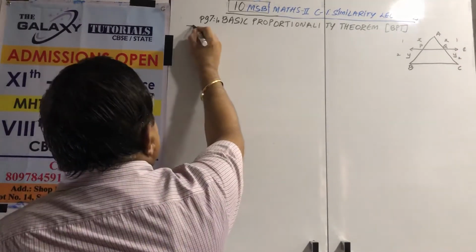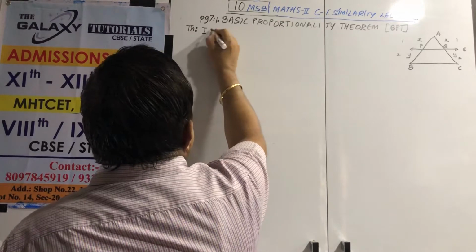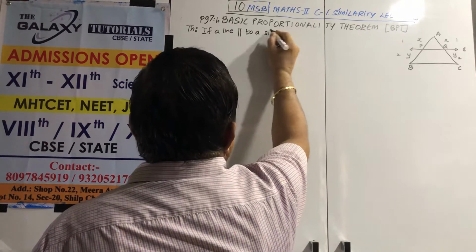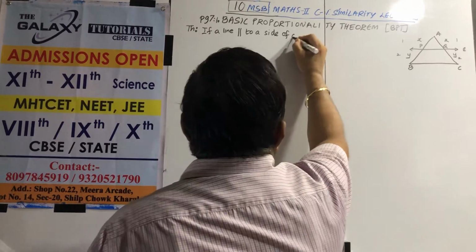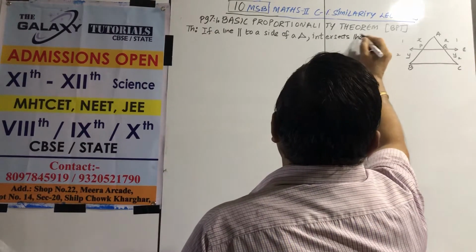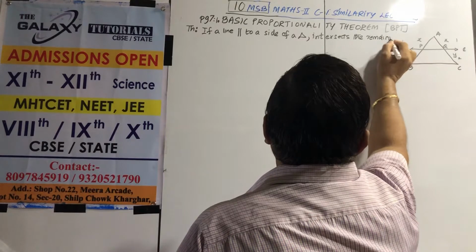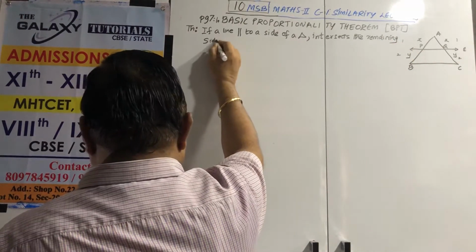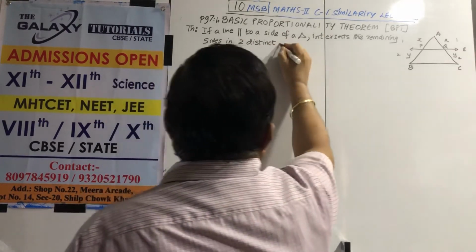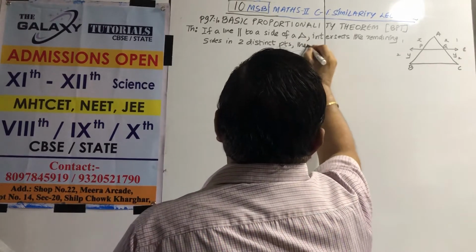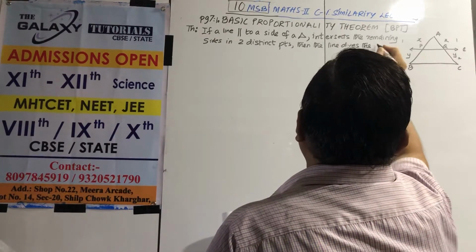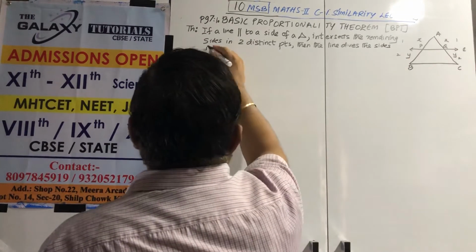In the theorem, first we write the theorem. If a line parallel to a side of a triangle intersects the remaining sides in two distinct points, then the line divides the sides, those sides, in the same proportion.